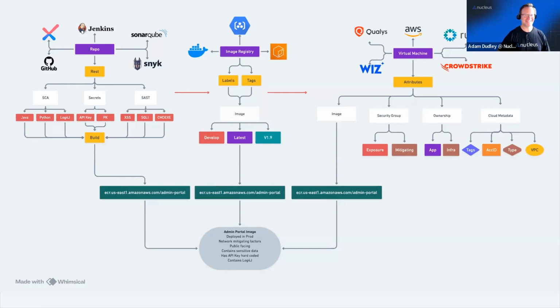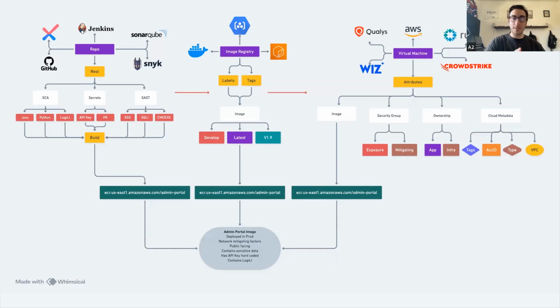This is your visualization here. The idea is that there is metadata that exists in different parts of the cycle when we think of development, how an asset or application gets deployed over its life cycle. We start with the developer.